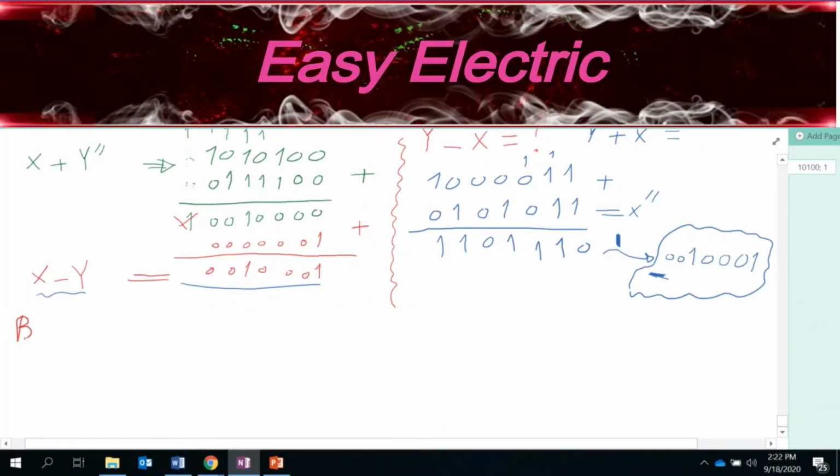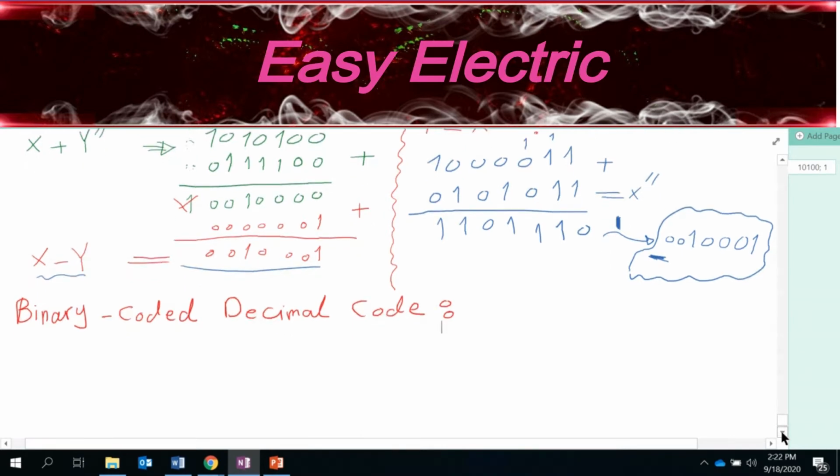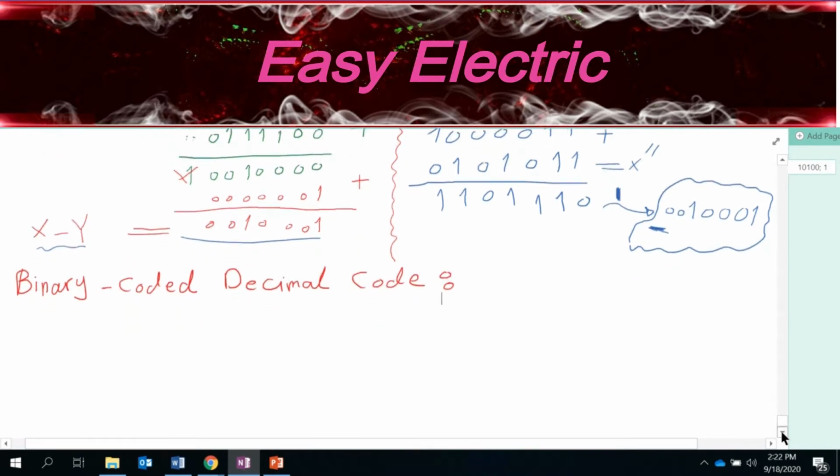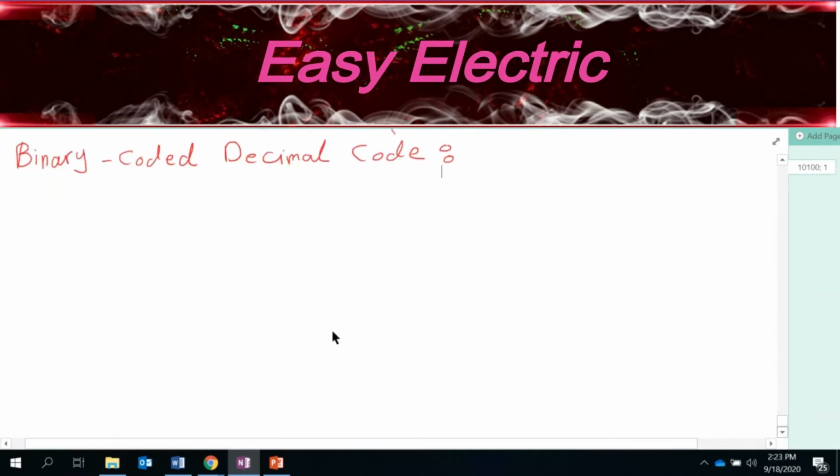I want to talk about the binary coded decimal code. Okay, so as I explained already, you have some numbers in the decimal, which is 0 to 9.